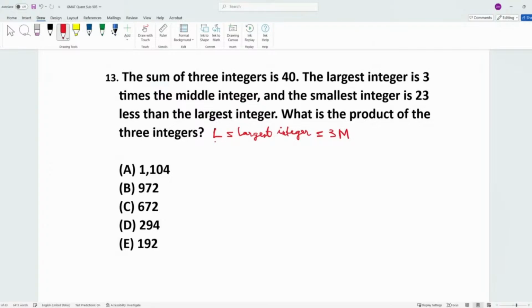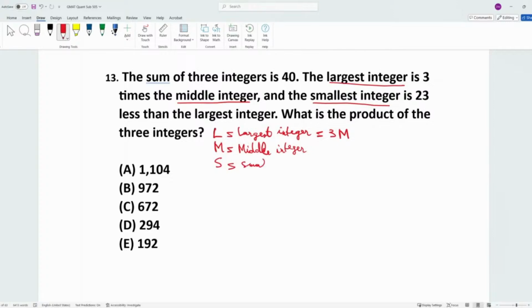Okay, m here, we're going to call it the middle integer. Okay, so we have the largest integer, we have the middle integer. And we will also have the smallest integer that we're going to call s.